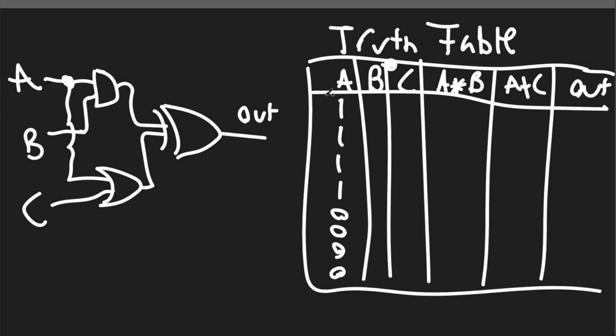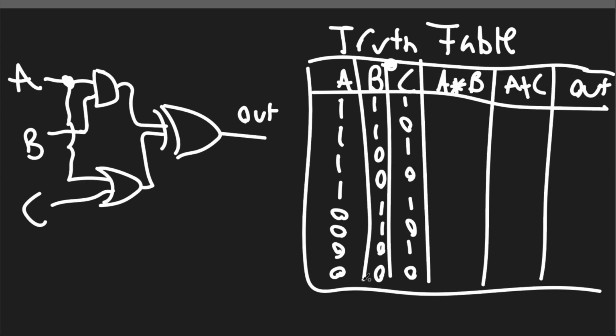I'm just doing this to keep organized. So for B we'll do 2 ones, then 2 zeros, then 2 ones, then 2 zeros. And then for C, we're just going to alternate 1, 0, 1, 0, 1, 0, 1, 0. And you'll find out that this is every possible combination of values that we can have for each of the variables. And this turns out to be a number of 8.